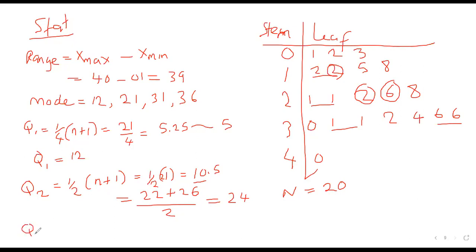And Q3 is 3 quarters. What is 3 quarters of 21? 3 quarters of n plus 1. It's 15.75.